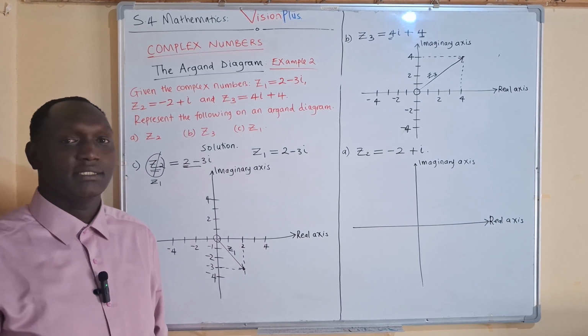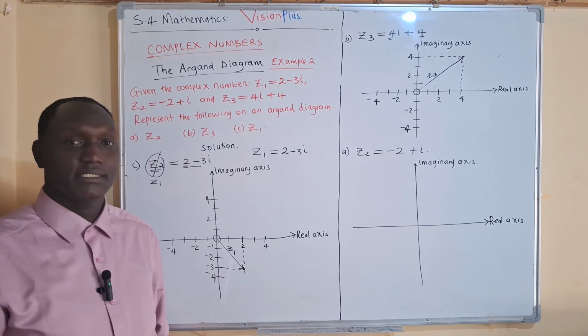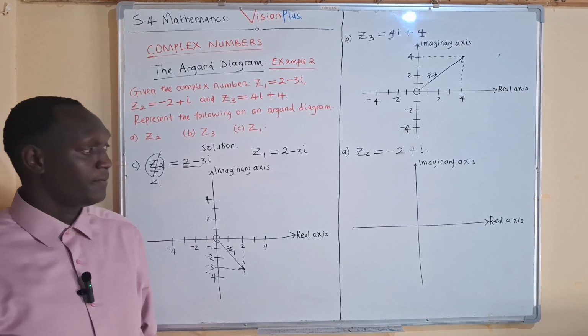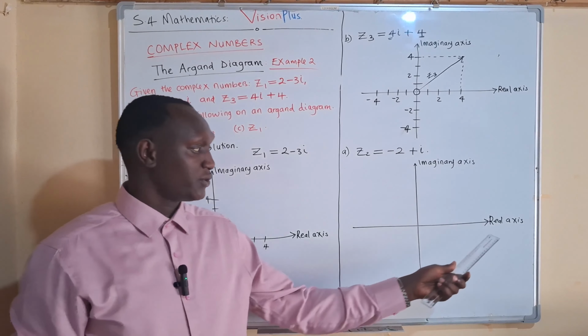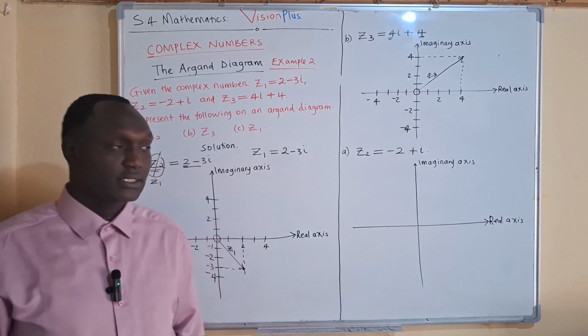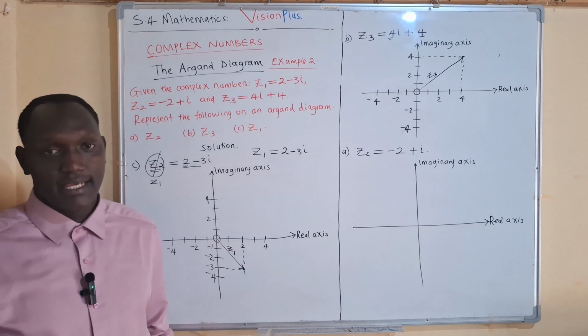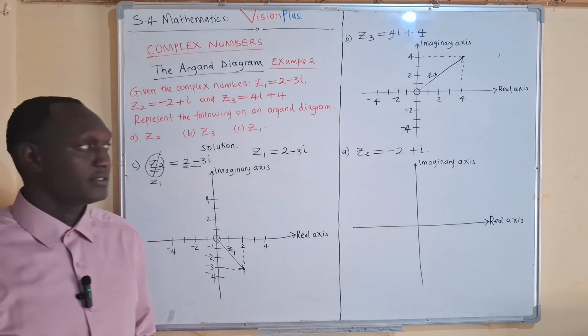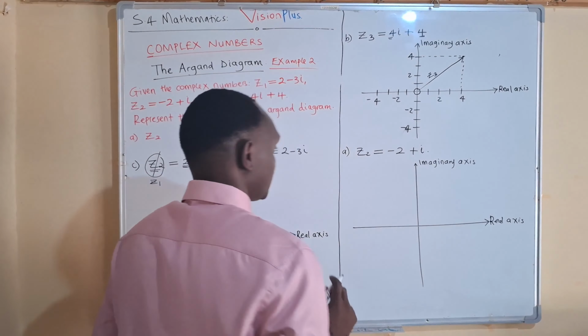Please, this is not a diagram. This is an Argand diagram, not yours. And by convention, the horizontal line is the real axis. So take note of that.